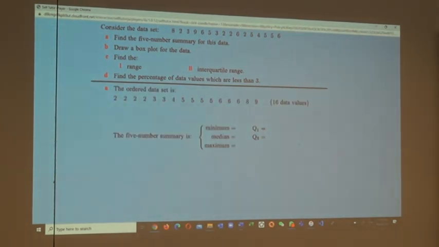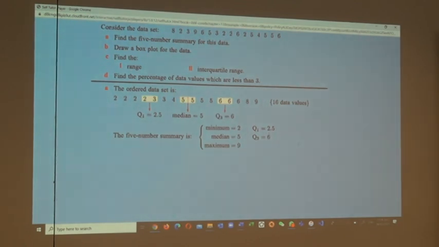We can see that the minimum value is 2, and the maximum value is 9. There are n equals 16 data values. N plus 1 is 17. So the median is the average of the 8th and 9th values in the ordered set. In this case, these values are identical, so the median is 5. Each half of the data has 8 values, so the quartiles are the average of the 4th and 5th values in each half. The lower quartile is 2.5, and the upper quartile is 6.